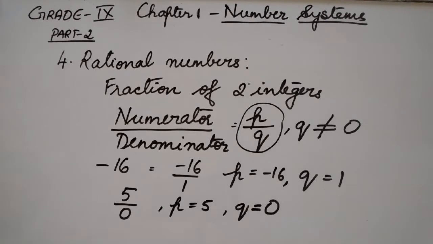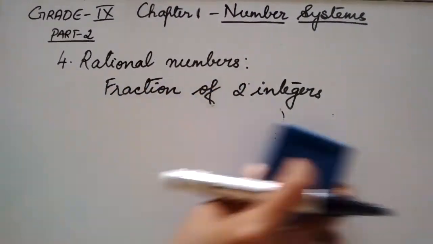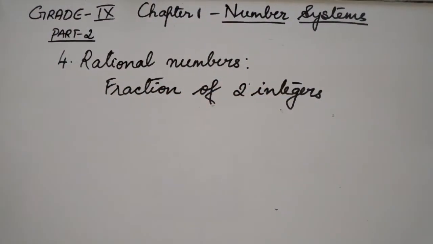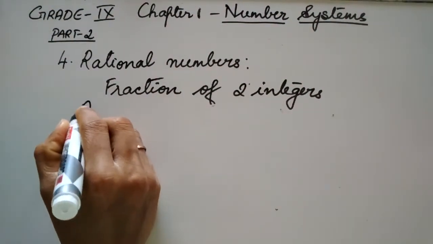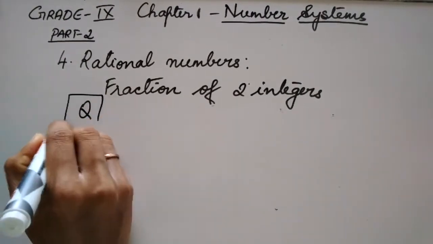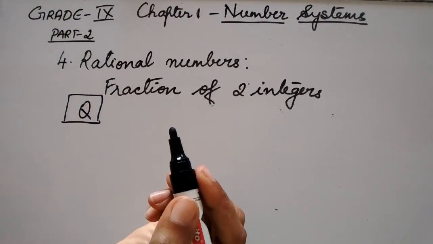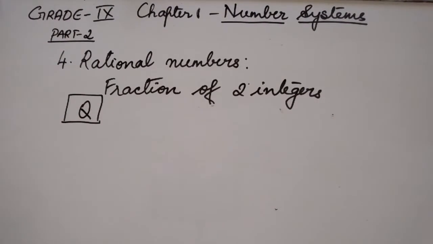And the symbol of rational numbers is Q. This is the mathematical symbol for the set of rational numbers.